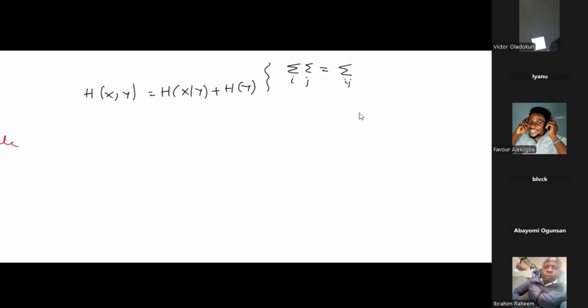Going by the description, the joint entropy in terms of the probability distribution will be the same as the expected value of log 1 over the joint distribution, p of x sub i, comma, y sub j, isn't it?